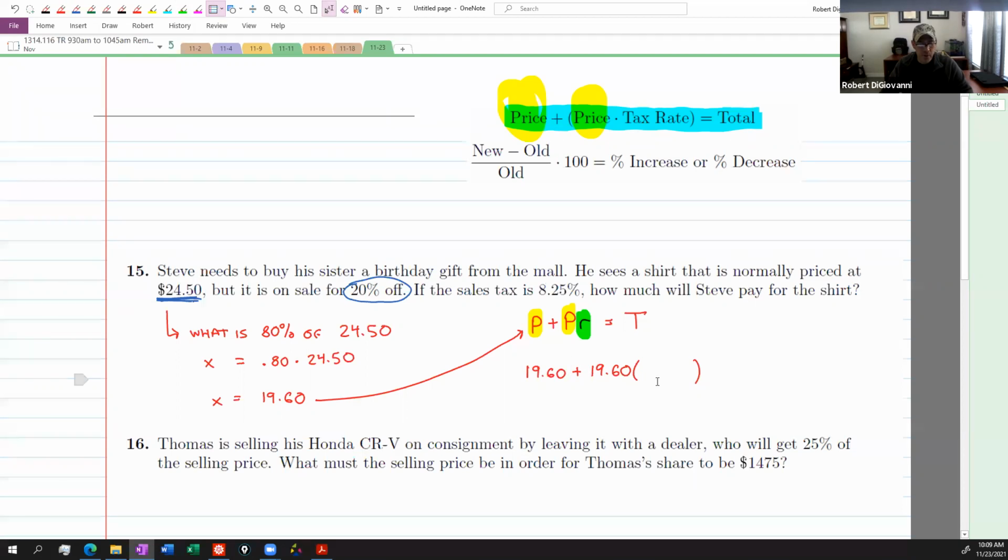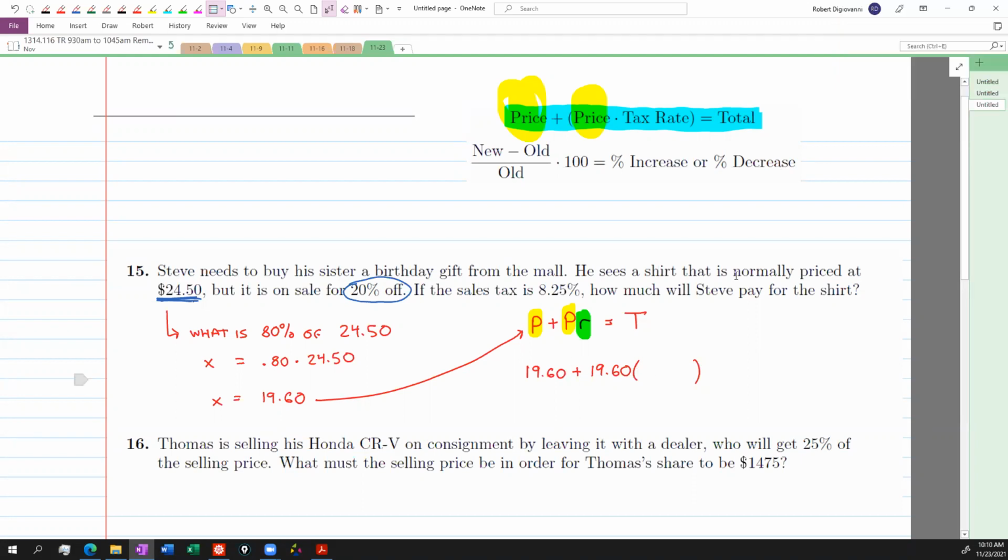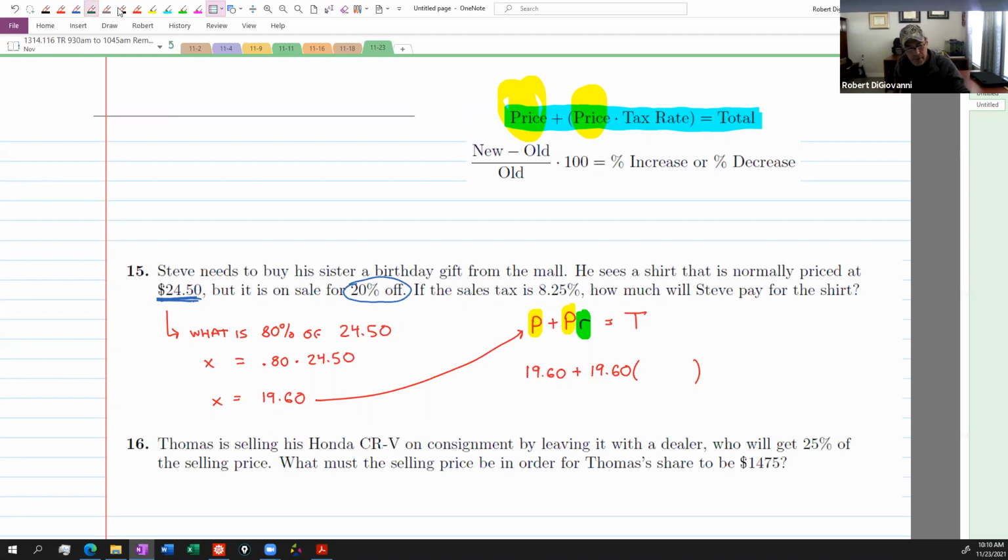But when you put it in this formula, you have to do what? Do I put 8.25 here? You turn it into a decimal. Okay, good. So I'm going to convert that into 0.0825. That's what I'm going to convert it into. And that should be my total.